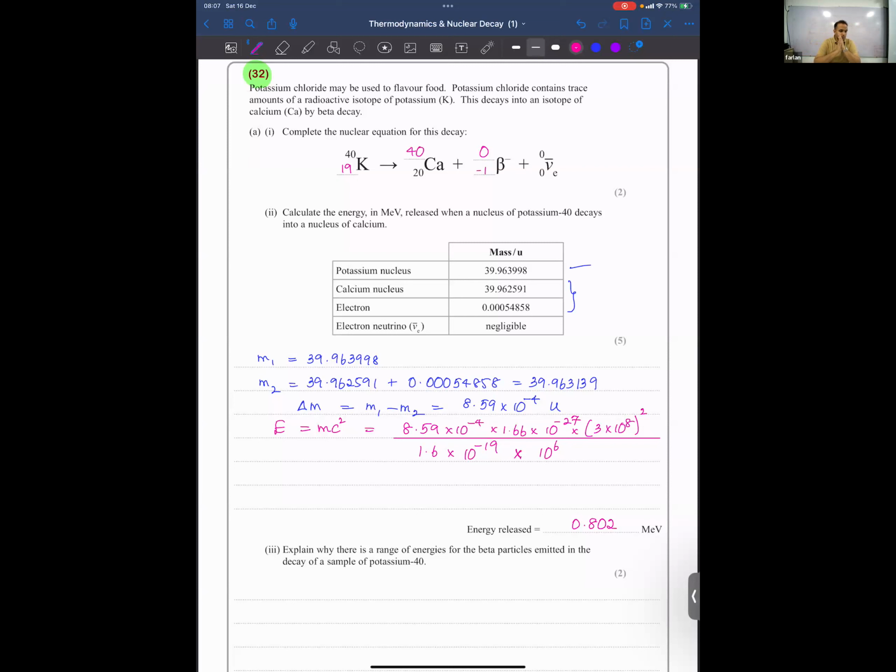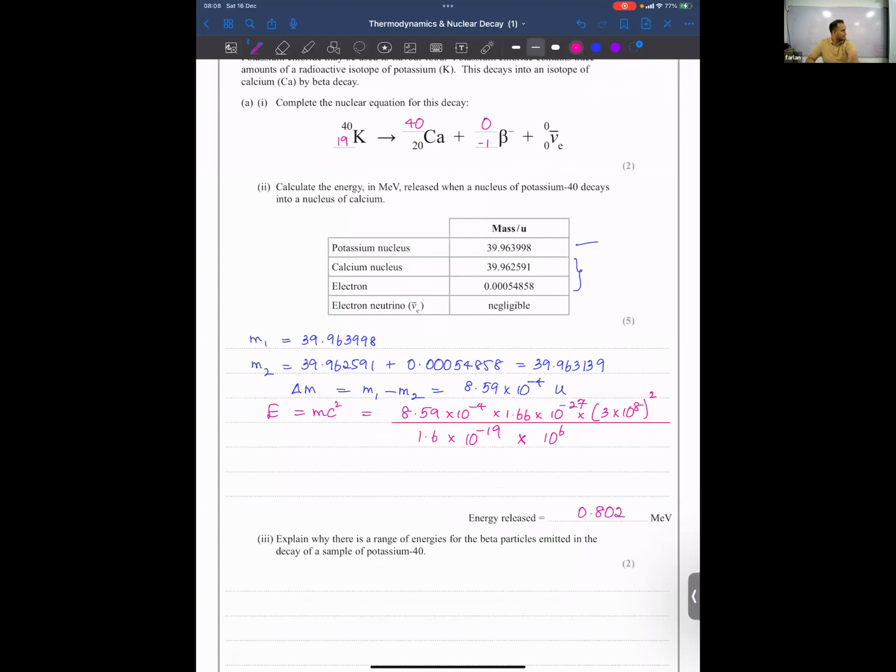The energy is shared between the calcium and the beta particle. So the calcium will have a range of energies. It's a spontaneous decay. So the calcium particle emitted can have different energies. So the beta particle can have different energy values for the kinetic energy. Okay, right? Momentum is conserved.